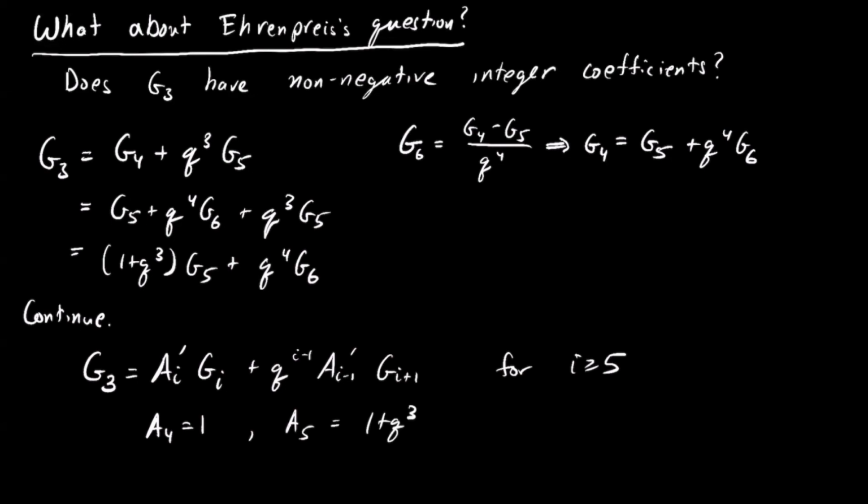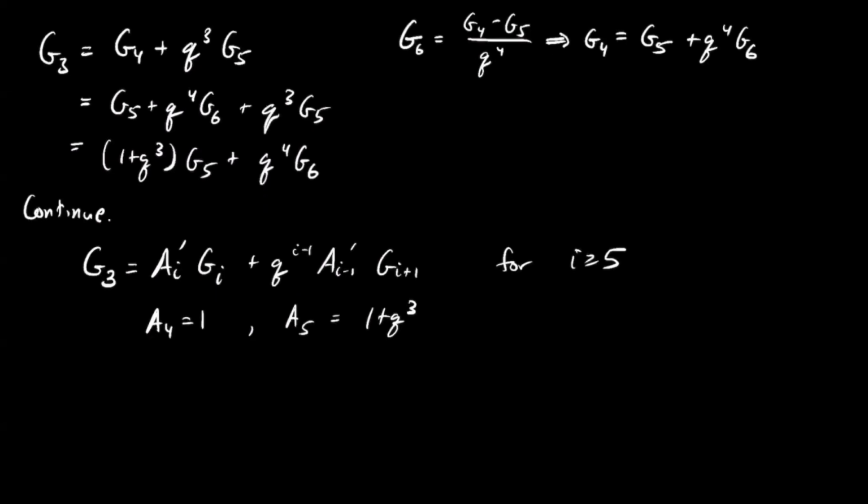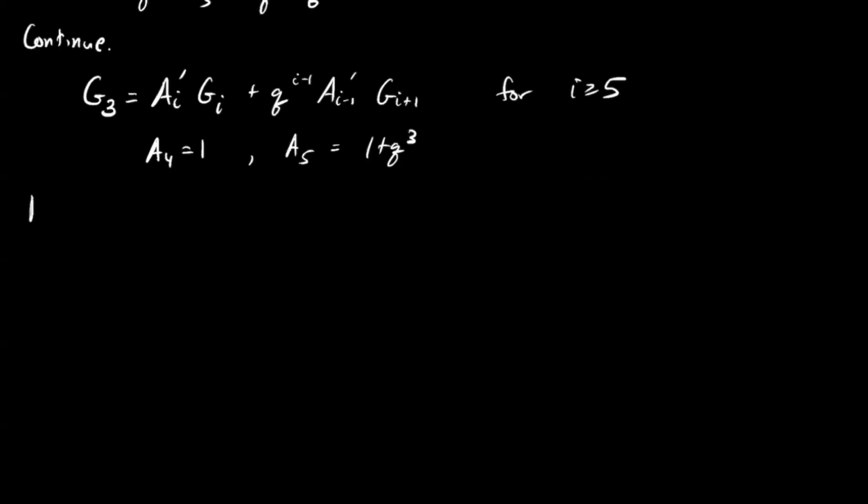So as before, it's clear from the recursion that A_i will always have non-negative integer coefficients. Why?